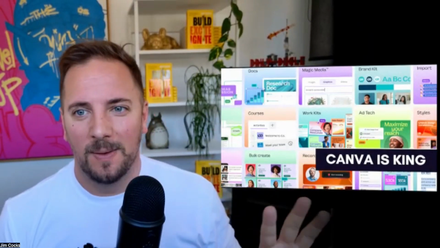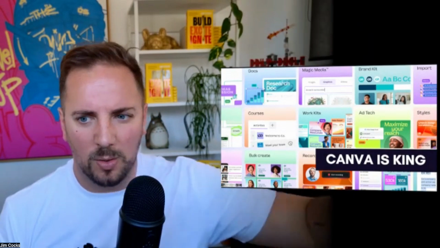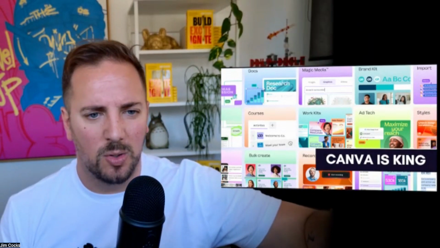So you can now do everything within Canva that you need to be able to have your online courses up and running. So you can record in Canva, it'll save the file, you can upload those courses, those videos into your website, your online course area, and you do it all from within Canva. So it really is an all-in-one system.